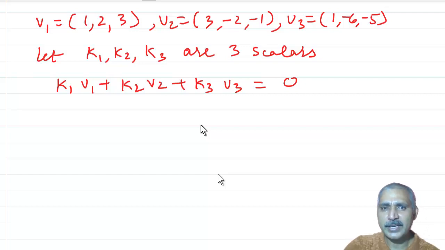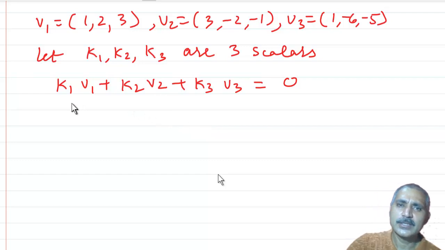And if we get at least one of the constants k1, k2, k3 as non-zero, then it will be a linearly dependent set of vectors. So we will be simplifying that.